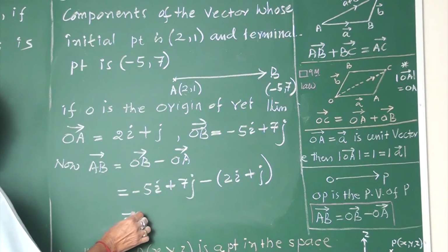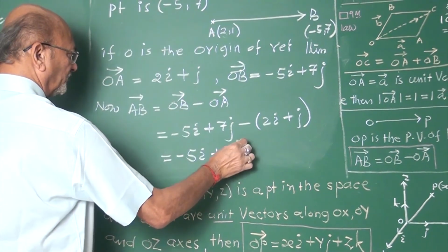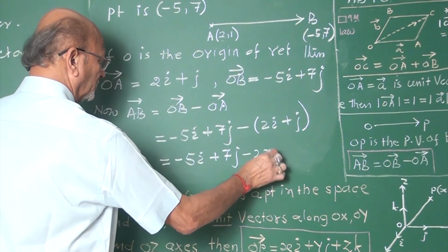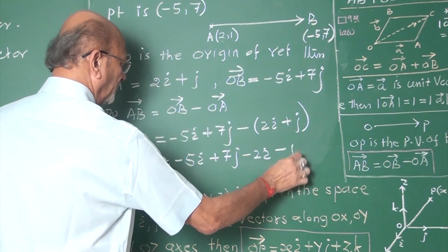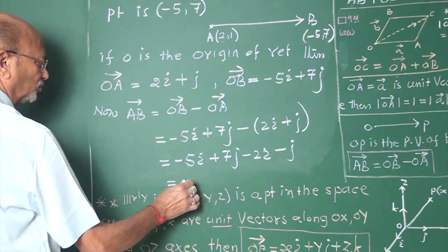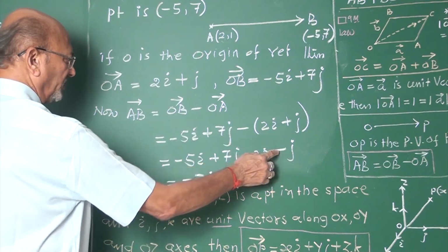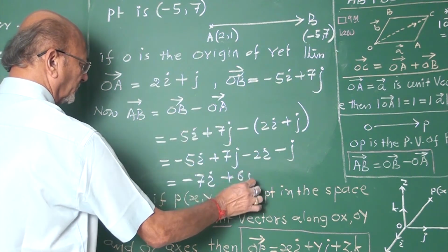Simplify it: -5i plus 7j minus 2i, and minus minus j. This is -5 minus 2, that is -7i, plus 7 minus 1, that is 6j.